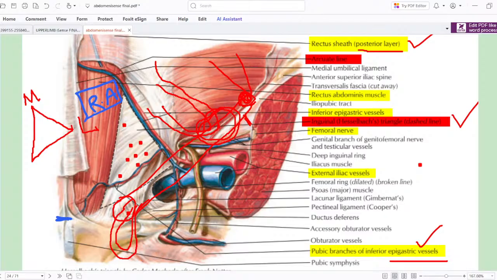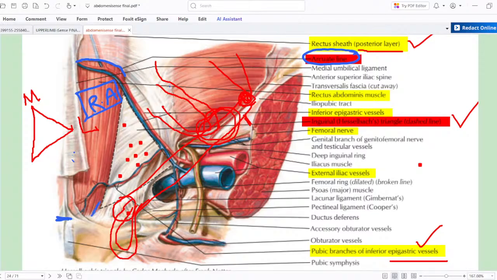And see, this is the arcuate line. Below the arcuate line, there will be no posterior wall of the rectus sheath. Only the anterior wall, and this is that anterior wall.